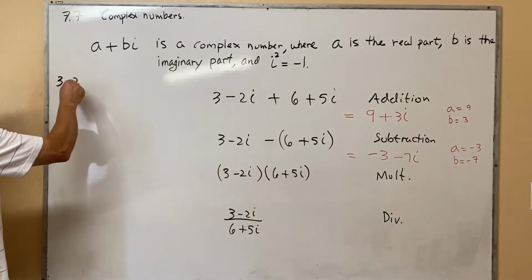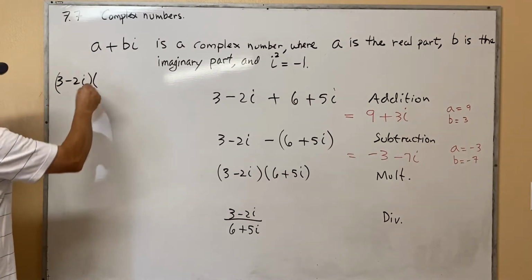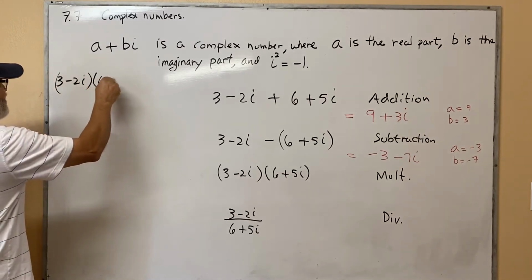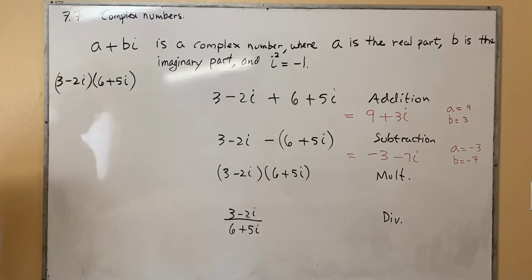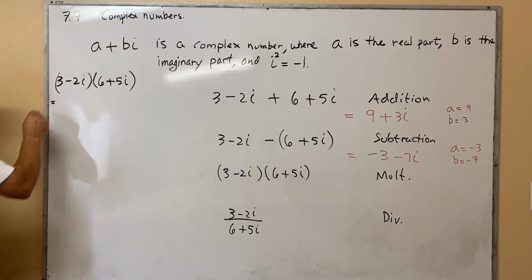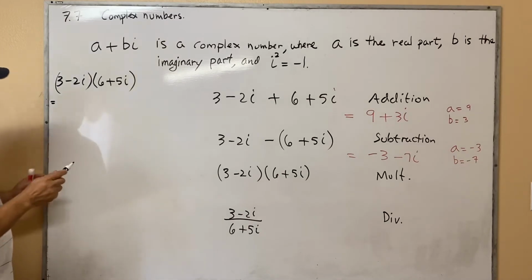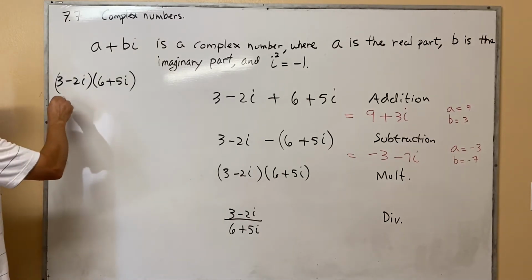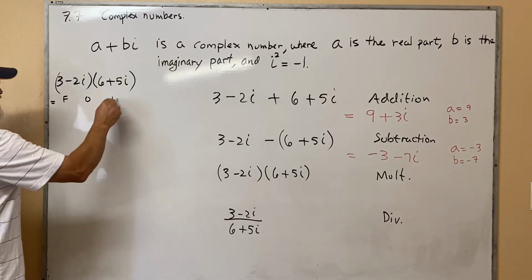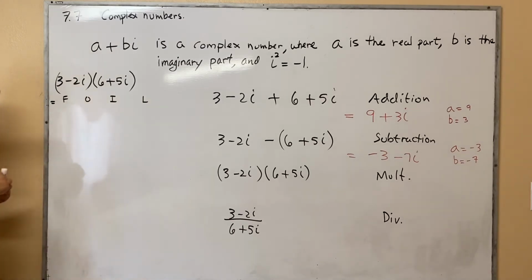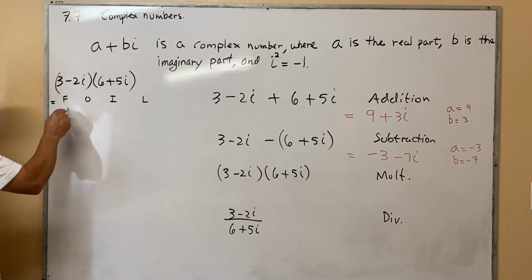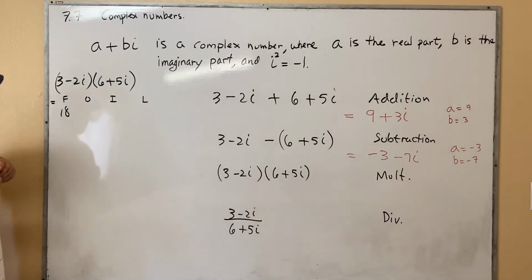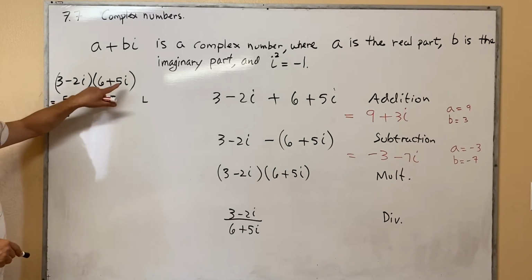3 minus 2i times 6 plus 5i. Let's FOIL. First, outer, inner, last. Okay? First, what's 3 times 6? 18. Outer, what's 3 times 5i?